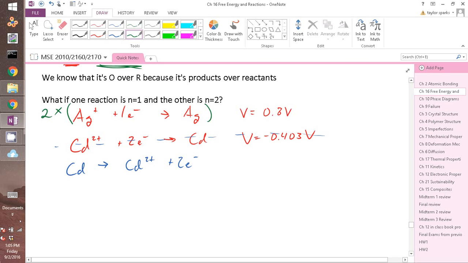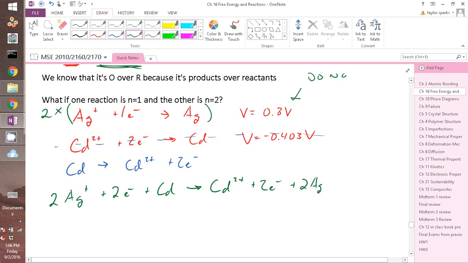Then when we add them together, we have 2 silver 1+ ions plus 2 electrons plus cadmium metal yielding cadmium 2+ plus 2 electrons plus 2 silvers. What did the voltage do? We don't multiply this by 2. Do not multiply by 2.